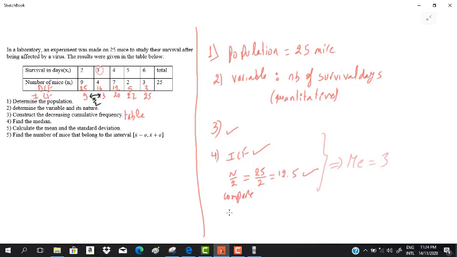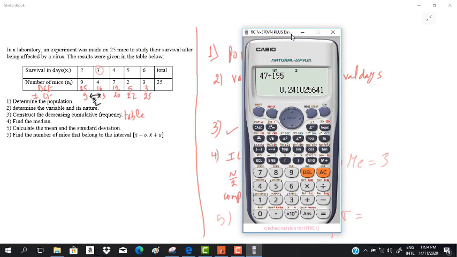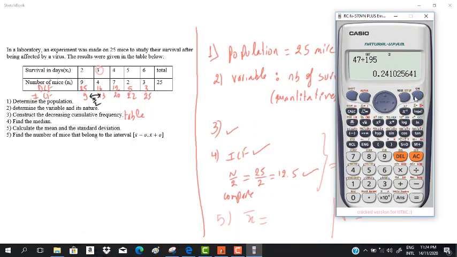Part 5. Calculate the mean, x bar equal summation of n_i x_i over the total, and the standard deviation sigma, radical of the variance. But I don't have to write the formula. I just need to use the calculator and go to statistics mode 3 1, entering the data 2, 3, 4, 5 and 6.